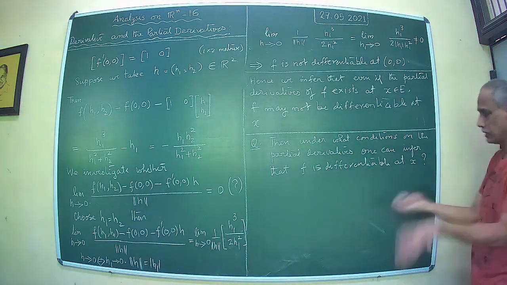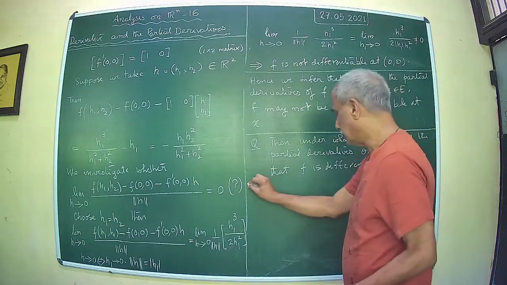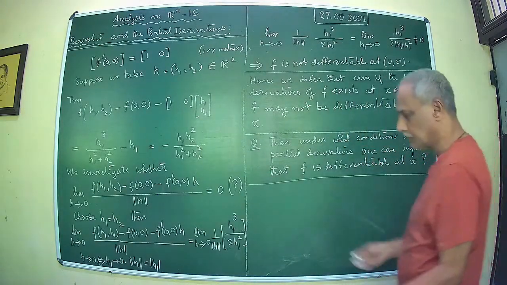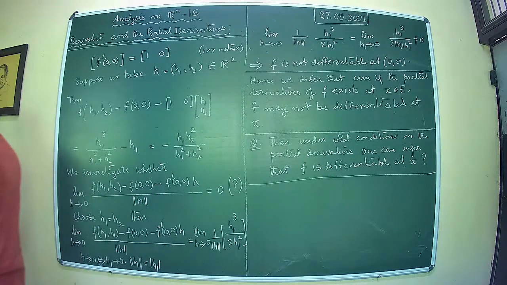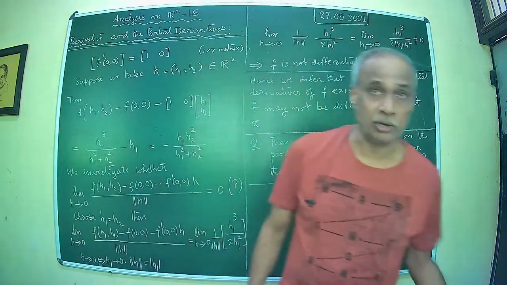So what further knowledge is required? You know that if f is differentiable, certainly the partial derivatives exist. There is no problem about it. The existence of partial derivatives is a foregone conclusion.